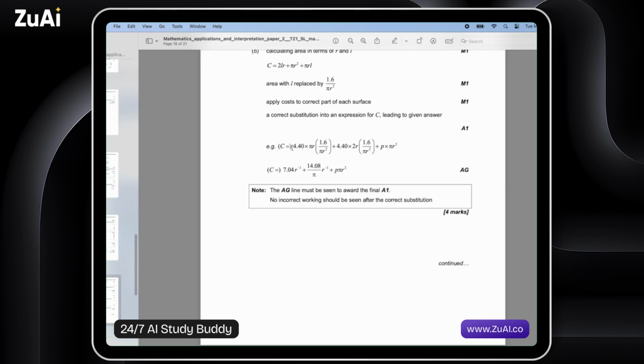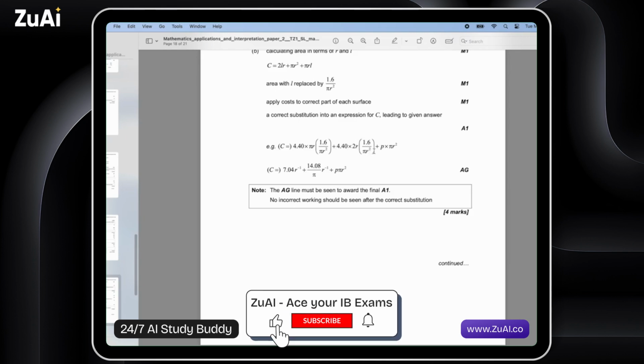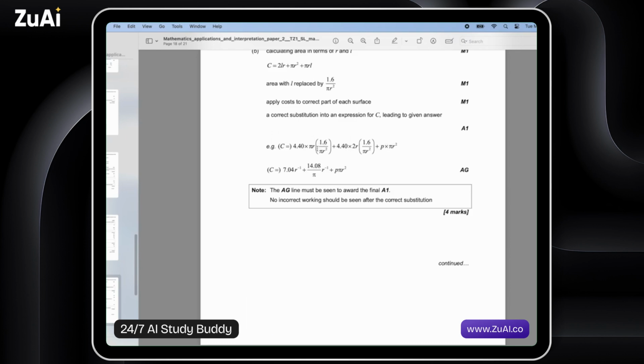So we have 440 times pi r, 1.6 over pi r squared, plus 440 times 2r, 1.6 over pi r squared, plus p, the price for that rectangular lid, times pi r squared. So you don't actually need to expand it. You just need to write it out after substituting L in for this.